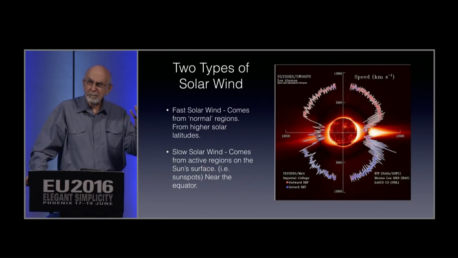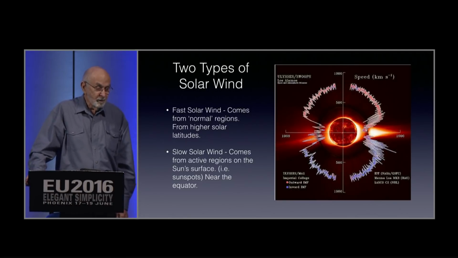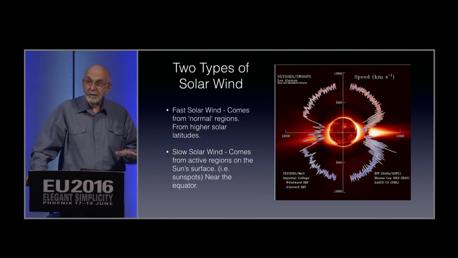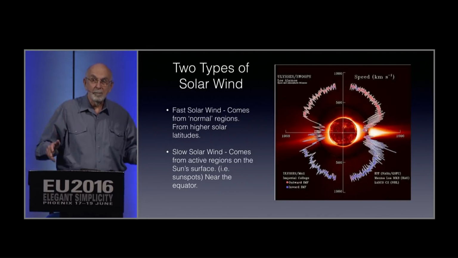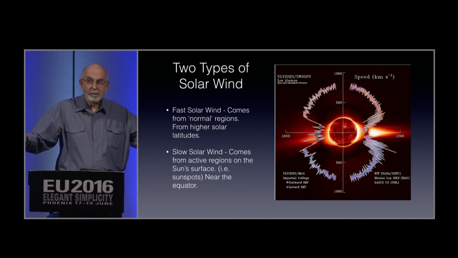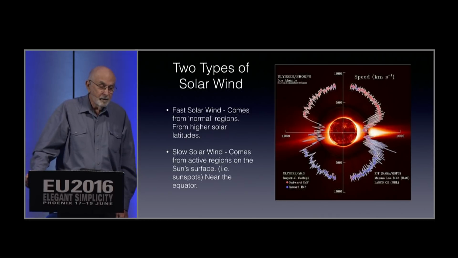That is, say, it comes out of the tops of the photospheric tufts, out of the anode tufts. The slow solar wind comes from active regions on the sun's surface. In other words, sunspots. Sunspots mainly wander all over the place, but they're very often generally in, what would you say, the tropical zone of the sun, near the equator.